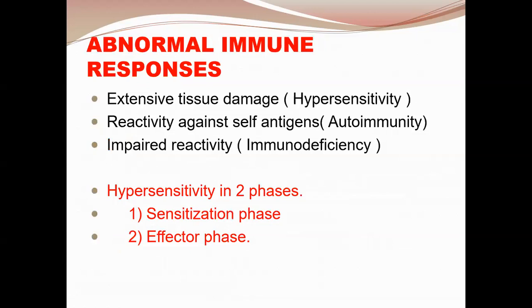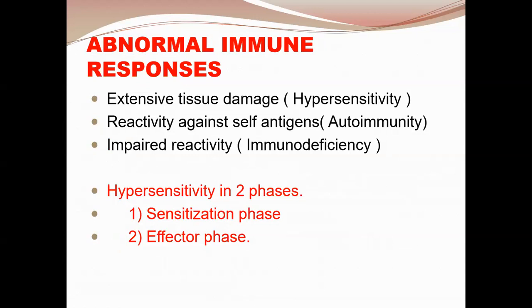Okay, now we have come to the slides. Abnormal immune responses result in extensive tissue damage, which is called hypersensitivity reactions. Abnormal immune responses can also result in reactivity against self antigens, which is called autoimmunity, resulting in various autoimmune disorders.